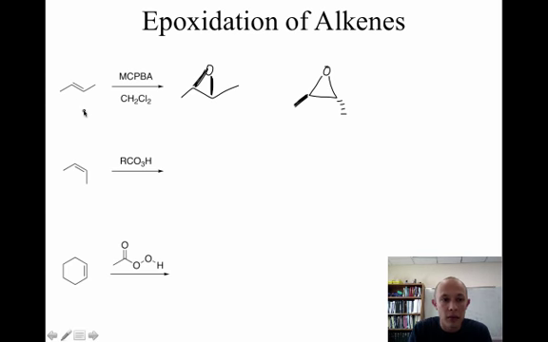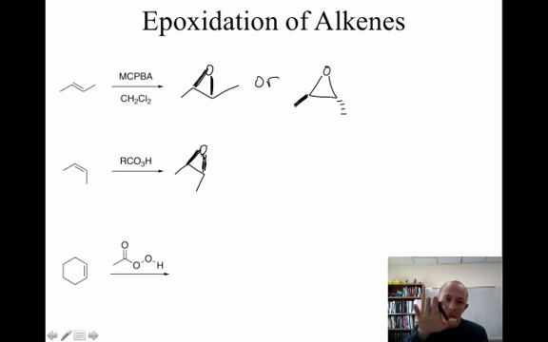But the methyls were on opposite sides of the alkene, so the methyls are going to be on opposite sides of the epoxide. These are 2 different ways of representing the same molecule. Don't be confused by this. But in this case, if we start with a cis alkene, we could draw the epoxide like this.